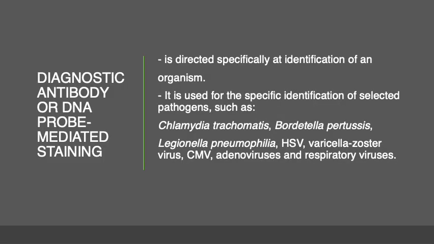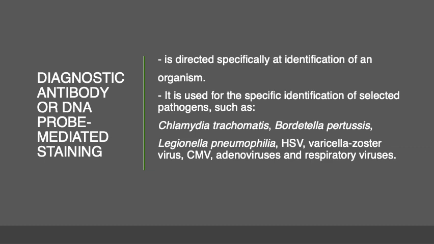Now, lastly, under special stain is using naman po a very specific method using a diagnostic antibody or a DNA probe mediated staining. So when we say antibody na po, we usually attach the stain to an antibody to specifically color a part or type of organism.